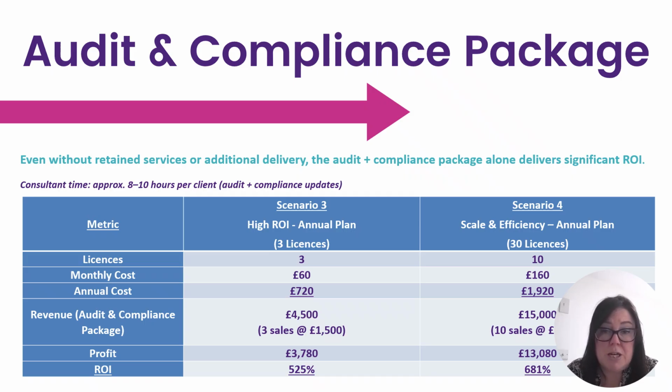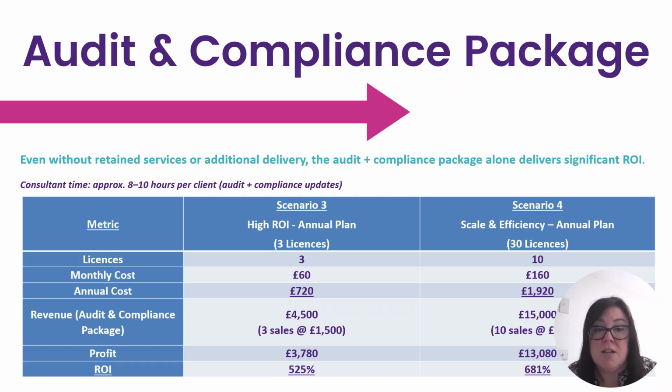We've got 3 licenses, £60 a month because this is an annual plan. If it was monthly, it would be £900 per year, but there's a 20% saving with an annual plan. So with an audit at £500 and a compliance package at £1,000 per client, you're looking at £4,500 in total that you could charge quite easily.